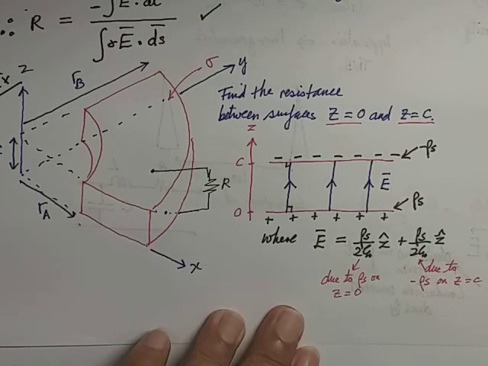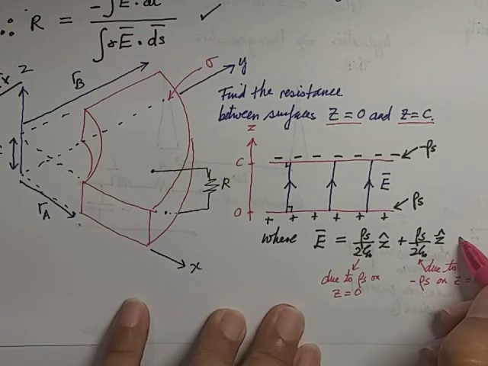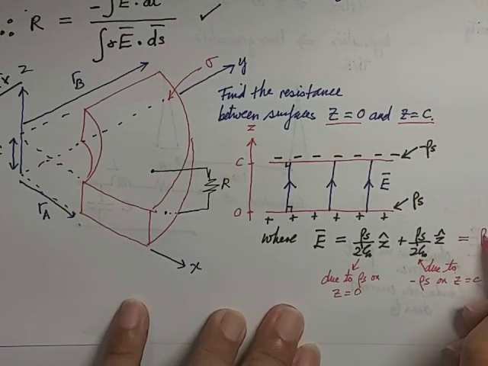Therefore, you're going to have this combination. The summation of these two fields ends with rho s over epsilon naught in the z direction.